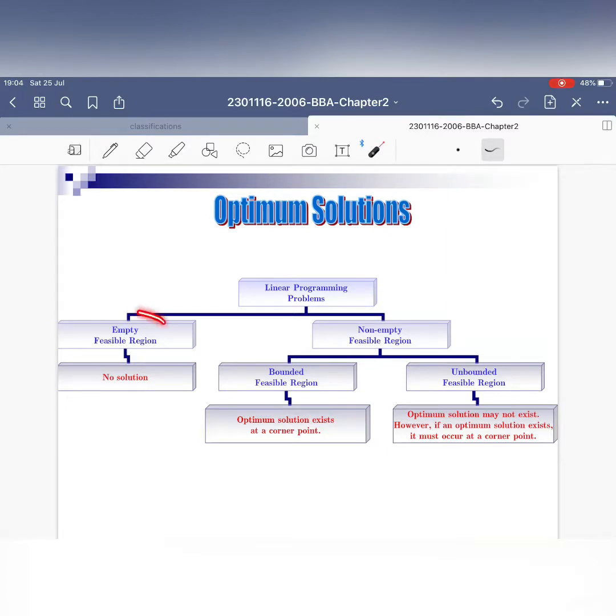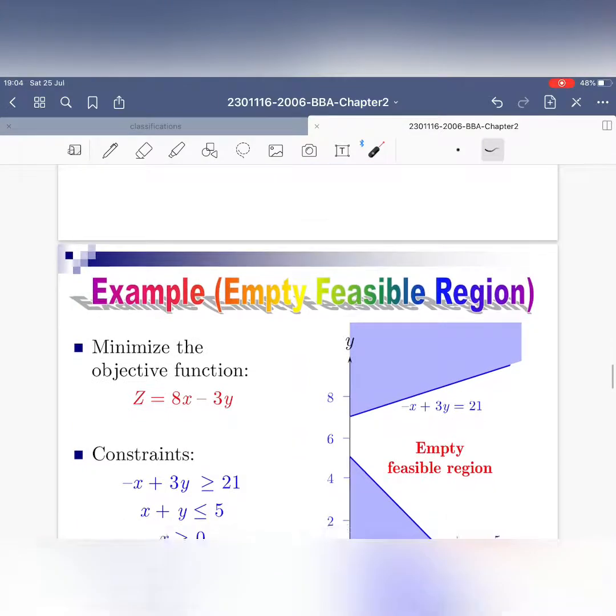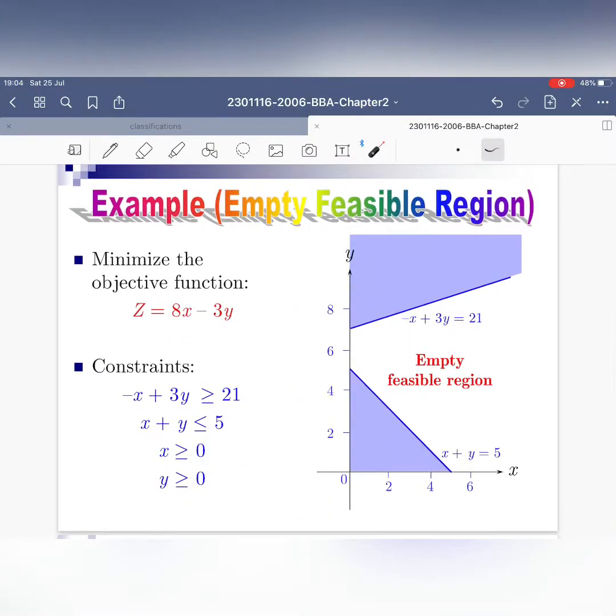Another case that may occur is that you may have an empty feasible region. Of course, if there are no x and y that satisfy your constraints, then you cannot have any optimum solution. So this is an example of an empty feasible region. For example, this one: x plus 3y equals 21. If your x is 0, you have 3y equals 21, and your y is 7.